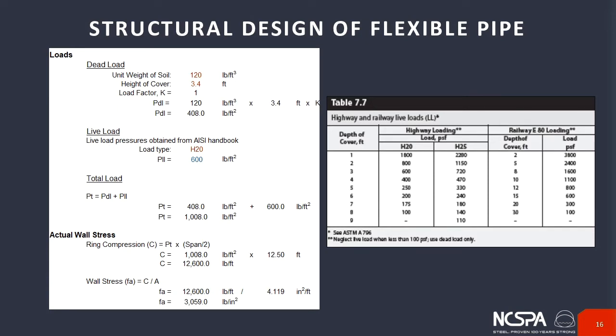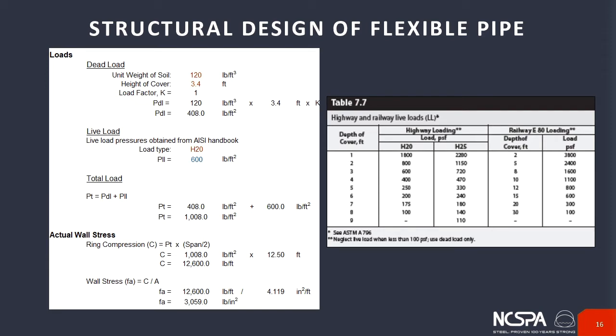Again, these are available in the NCSBA design manual, and in this particular case, assuming this was an H20 vehicle, the live load pressure is 600 pounds per square foot. And so the total load acting upon the crown of the structure is just the sum of the dead load and the live load, which in this case is just over 1,000 pounds per square foot.